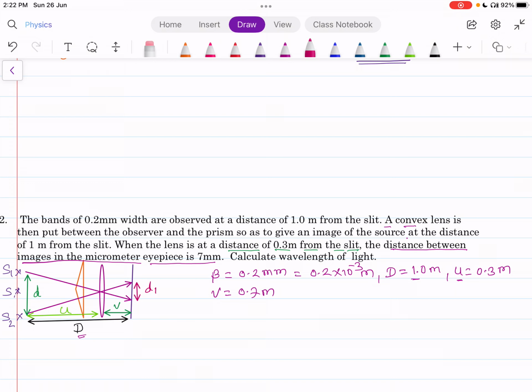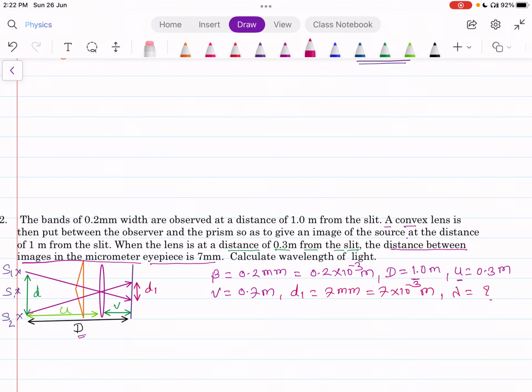So here d1 is given, which is equal to 7 mm, that is 7 into 10 raised to minus 3 meter. Calculate the wavelength of light. What we have to calculate is lambda. We have to find the wavelength.